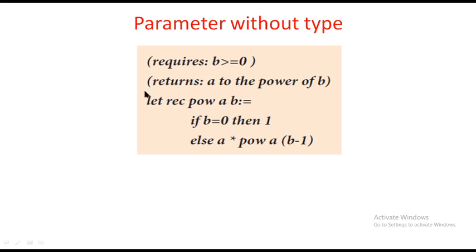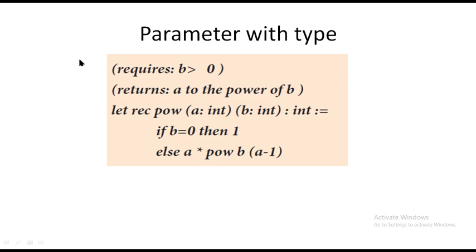If a line starts with the keyword let, that should be known as function for the syntax or the program. If the same line has another keyword rec, that should be known as recursive function, and it should be followed by the name of the function and the arguments. See here, there are no explicit data types for this syntax. They didn't give any data types explicitly. That is parameter without type.